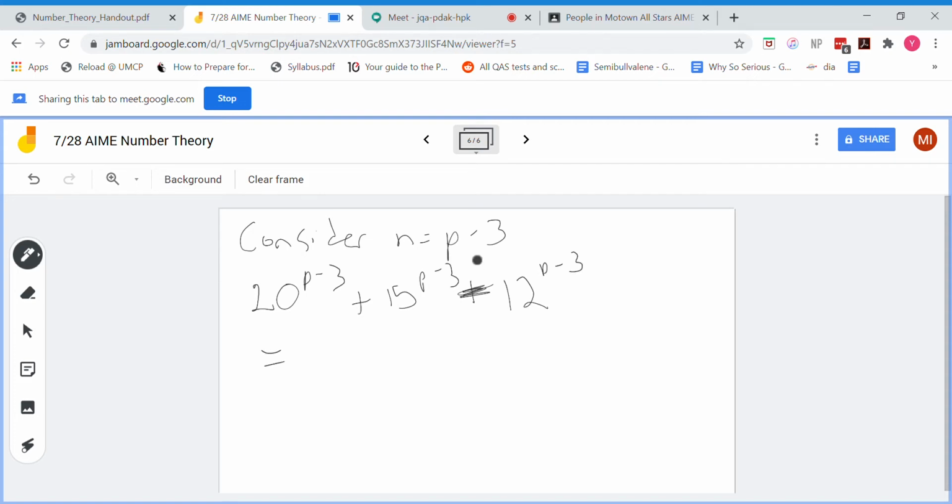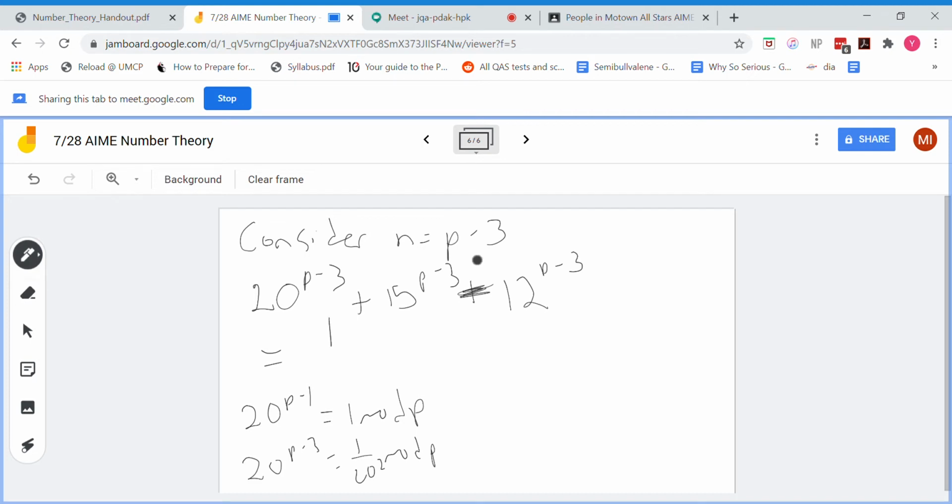This equals 20 squared inverse, right? Because 20 to the power of p minus 1 equals 1 mod p, and so 20 to the power of p minus 3 equals 1 over 20 squared mod p.